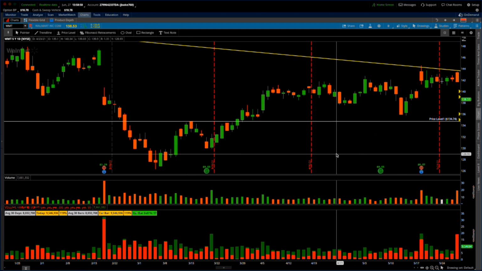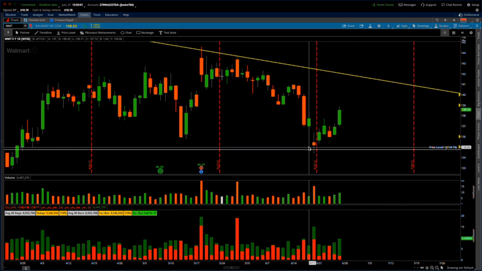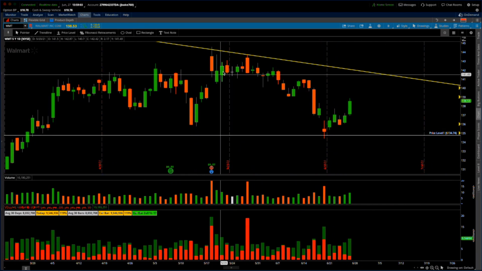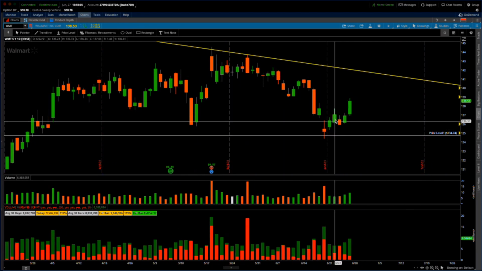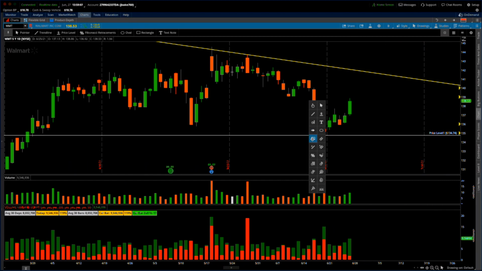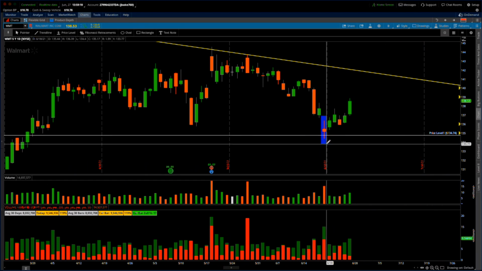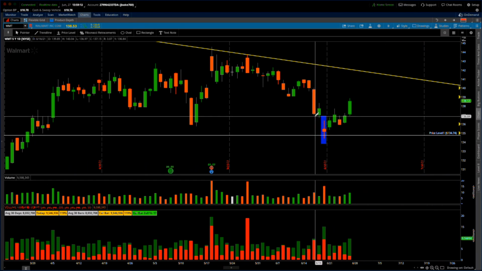I'm just coming over here really quick. I had this example, so this is a good example. The law of effort versus result says every action must have an equal and opposite action, basically saying that price action must reflect the volume.